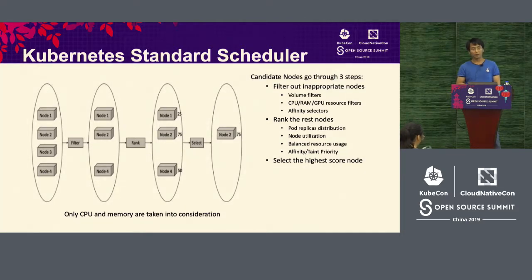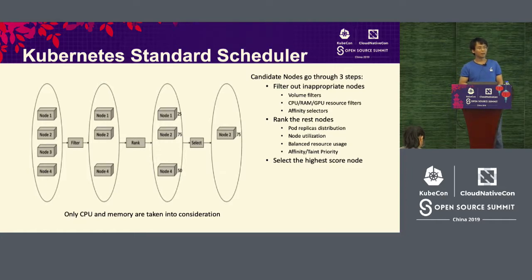The purpose is to filter out the inappropriate nodes. Here I've listed three volume filters. That is to say, your pod has some requirements on the volume. If the pod couldn't match with the volume, or it is not in the same zone, the node will be filtered out.